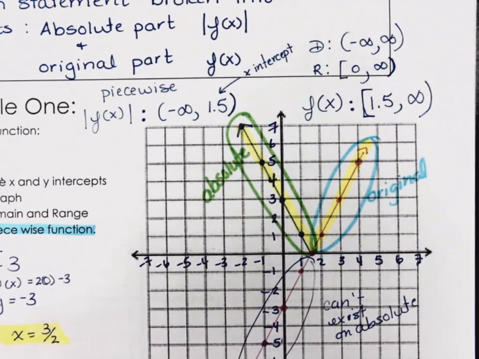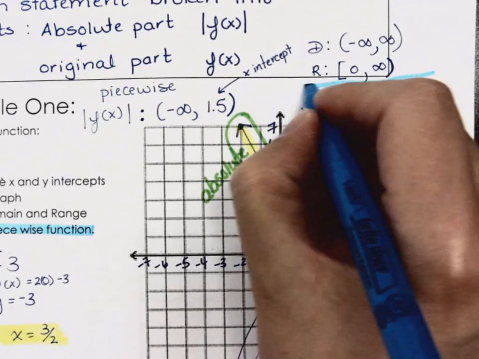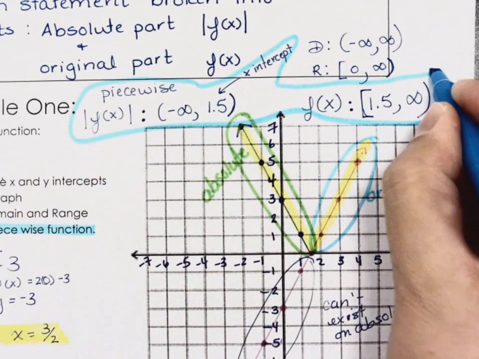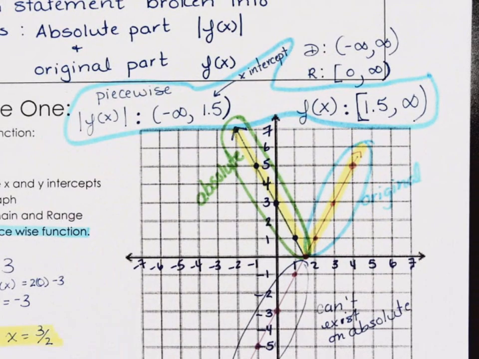So this here, as I've crammed it in at the top of the graph, is the piecewise function. That's all you're doing, making a statement about what flipped and what stayed the same. Wait, why did we have a round bracket again? Because at 1.5, the y value is 0.